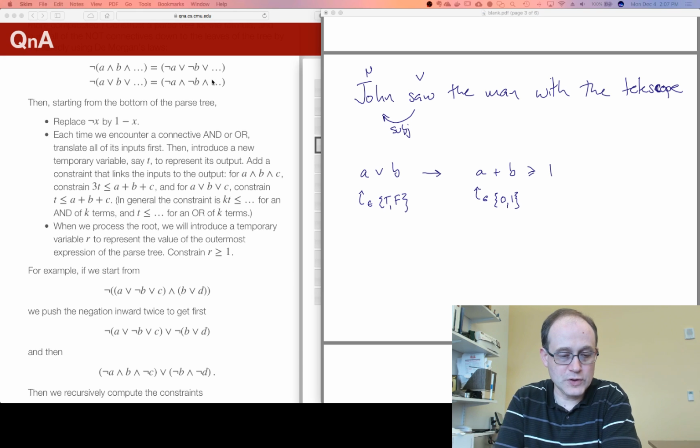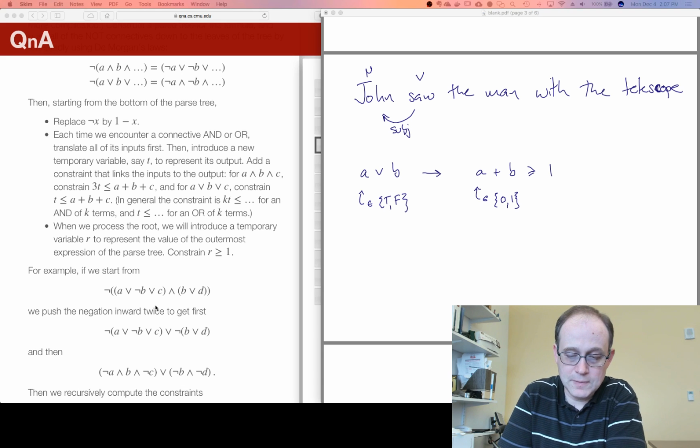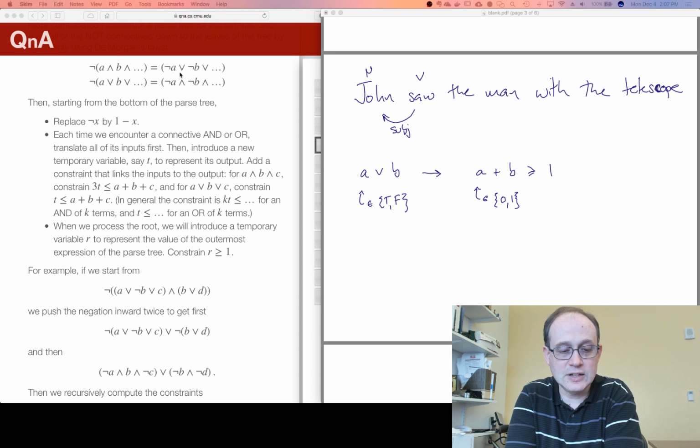So the first step is to use De Morgan's laws to push all of the negations inward, right? De Morgan's laws say that if you have a negation of an and, that's equivalent to pushing the negation through, negating each of the individual variables, and flipping the and to an or. And vice versa, if you start with an or, when you negate it, it flips to an and.